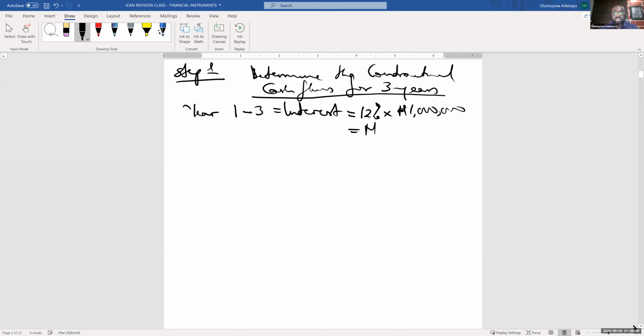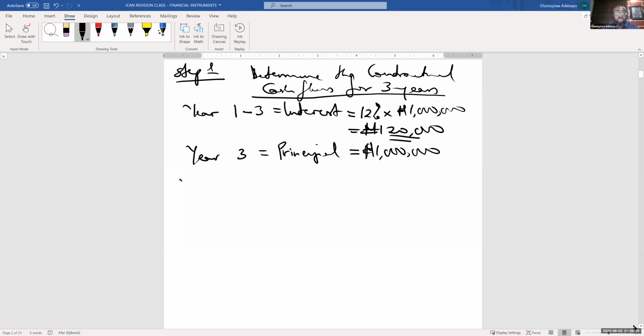That gives us 120,000 naira. Year 3, we have to repay principal if settlement is required in cash, of how much? 1 million naira.